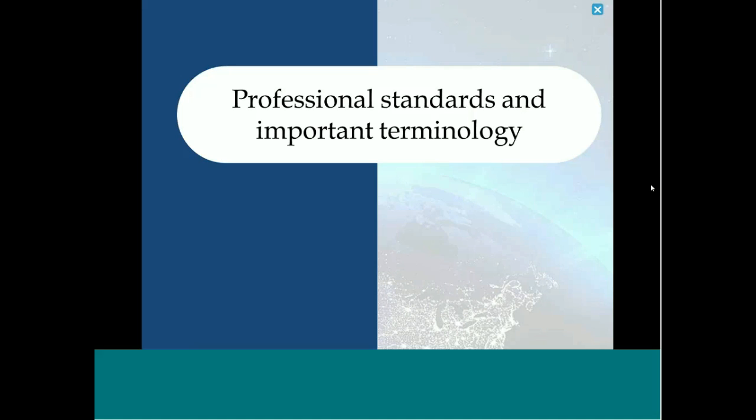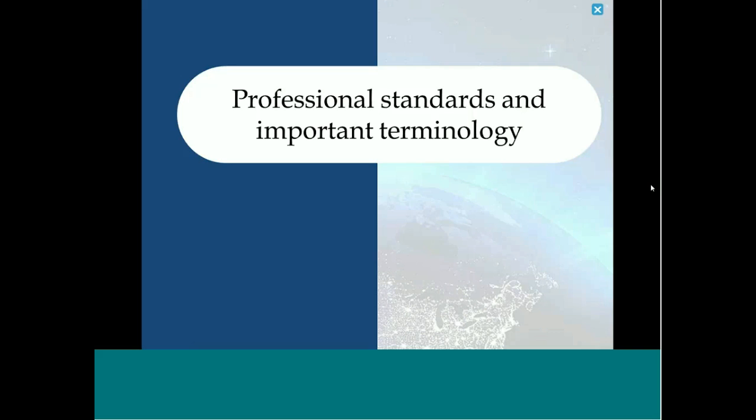In this you would be getting an understanding of GAAS, which means generally accepted auditing standards, and GAAP means generally accepted accounting principles. So GAAP and GAAS. We will talk about GAAS in this auditing subject. So this is the main source of literature.